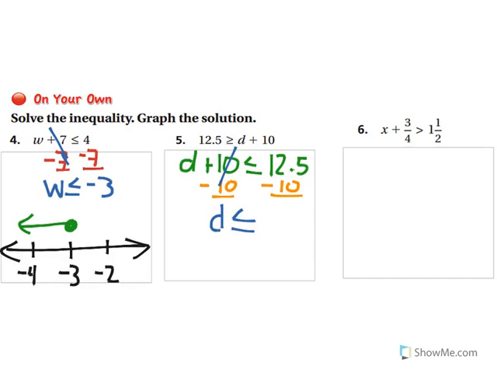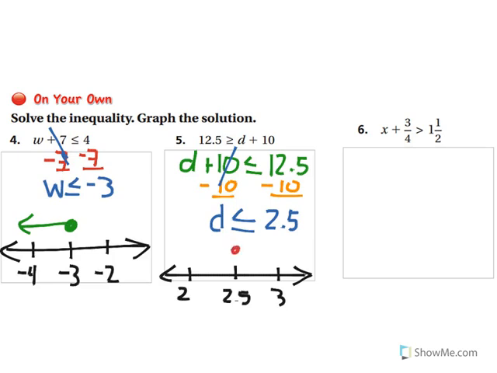And then 12.5 minus 10 would get me 2.5. And that's my solution. So I'm going to go ahead and post it here on my number line. I'm going to put my 2.5 in the middle. I'm going to go up by 0.5 again. So I'm going to make this 3 over here and 2 over here.